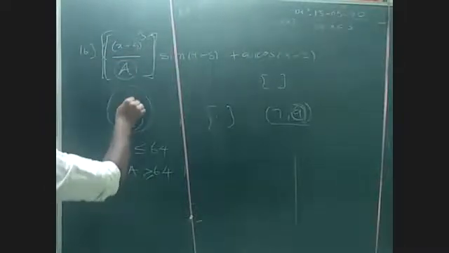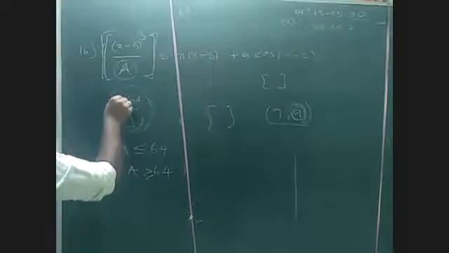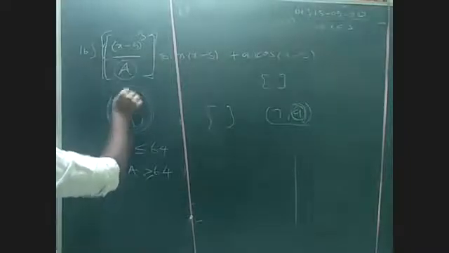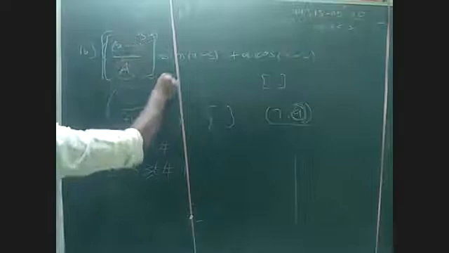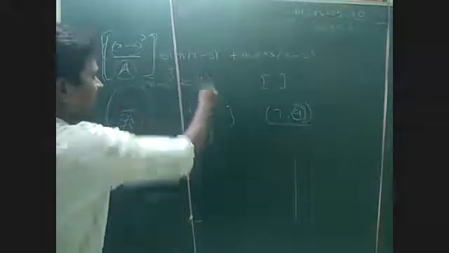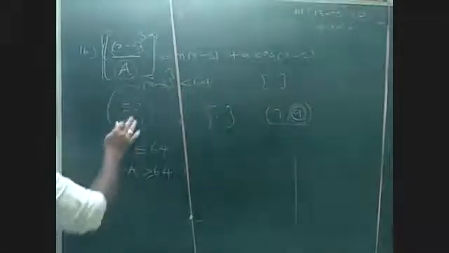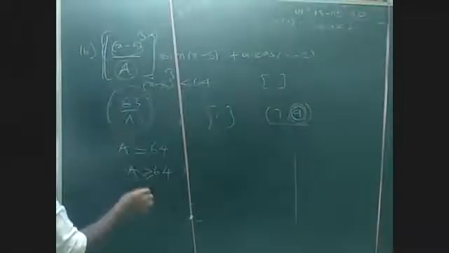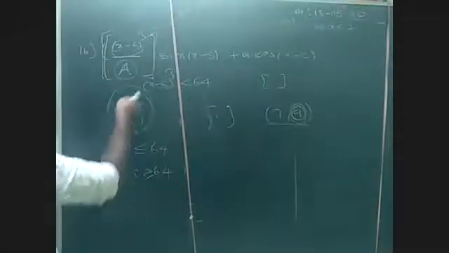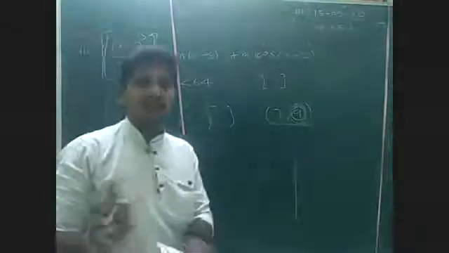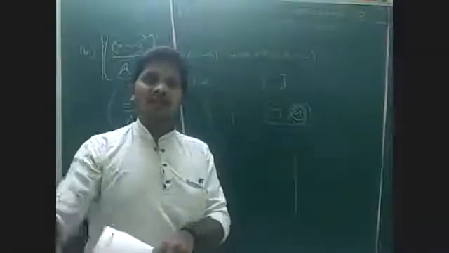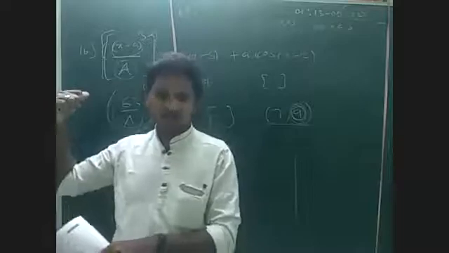So the numerator is not 64, it is less than 64. This x minus 5 cube should be less than 64 because it is an open interval. Maybe 63, you can take 63. So if the A value is 64 or more than 64, it cannot be an integer, but it is continuous as well as differentiable.